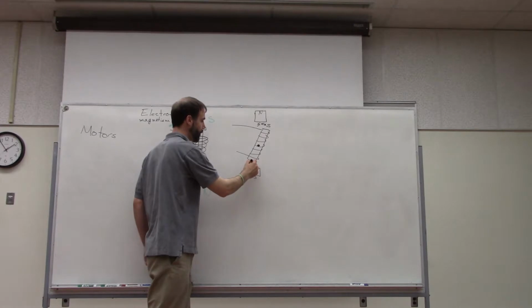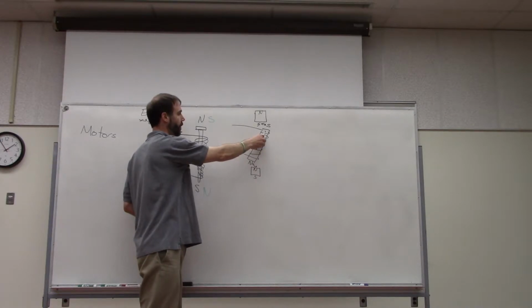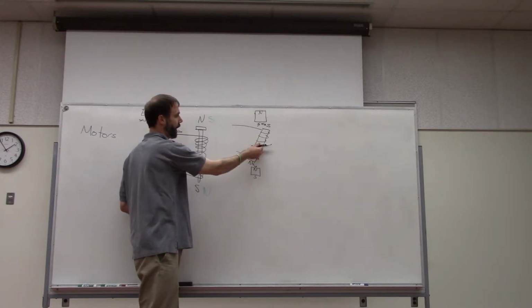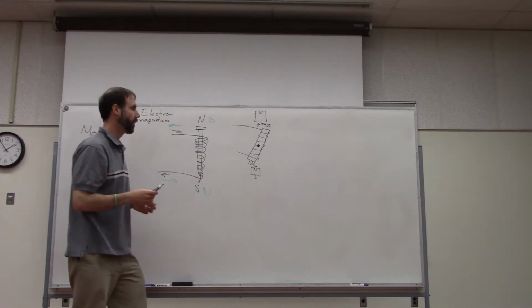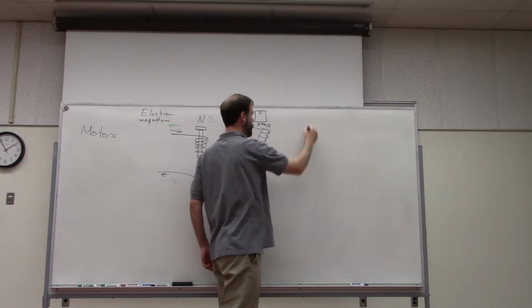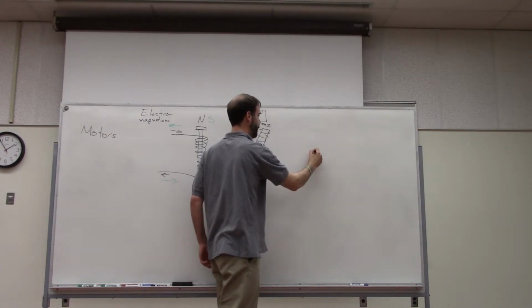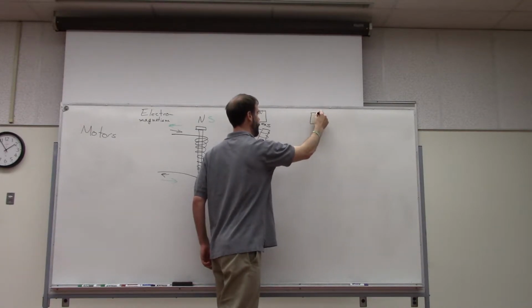And the north poles also repel each other. So this forces the motor to want to turn like this, okay? So if we were to look at this motor an instant later, what we would see is that we'd still have the shaft in the middle, we'd still have the permanent magnets in the same place.